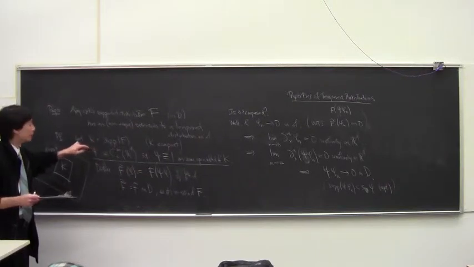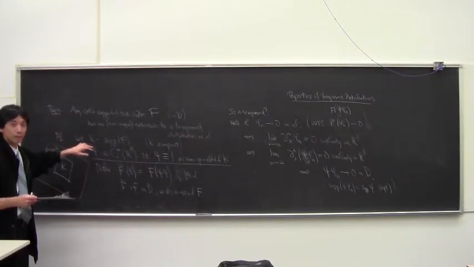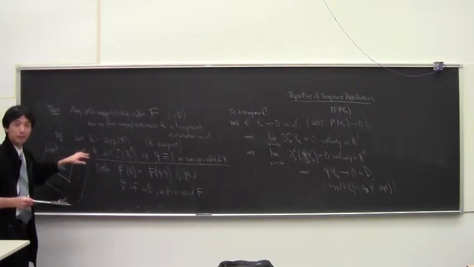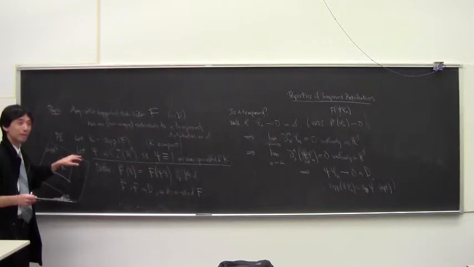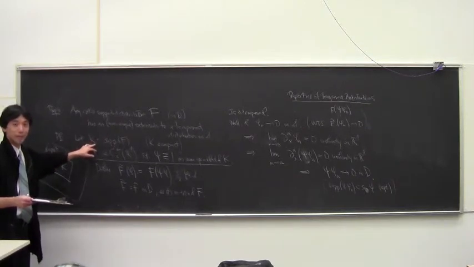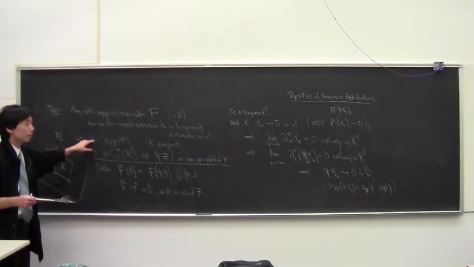The support of the distribution is the complement of the largest open set where the distribution vanishes. So you look at the place where the distribution vanishes.